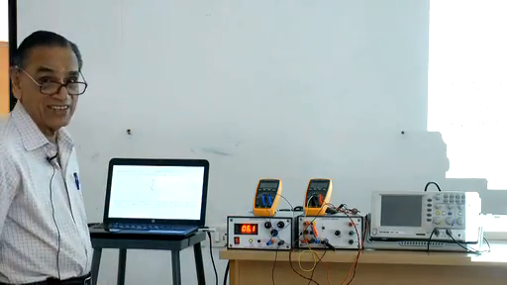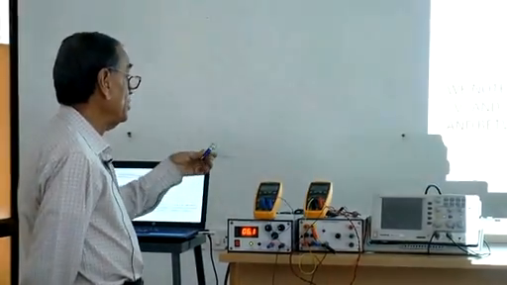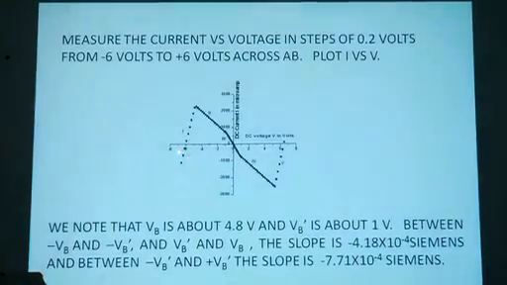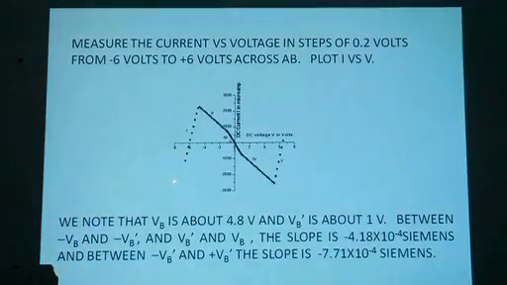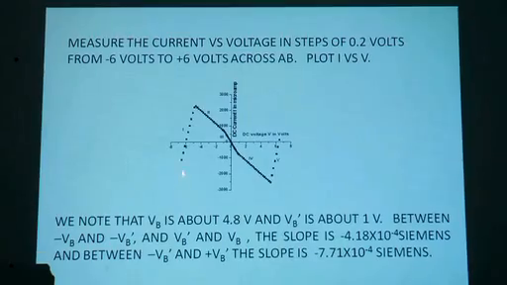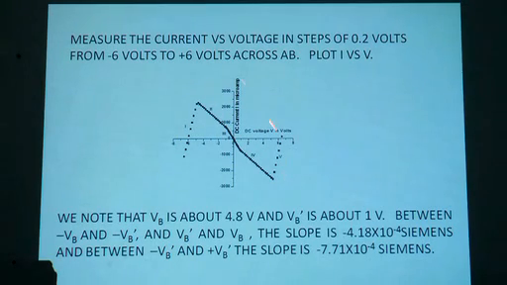You plot the current versus voltage, then you get this characteristic. You see that when the voltage is less than minus 5 volts, you have a positive slope. When the voltage is more than plus 5 volts, you have a positive slope.